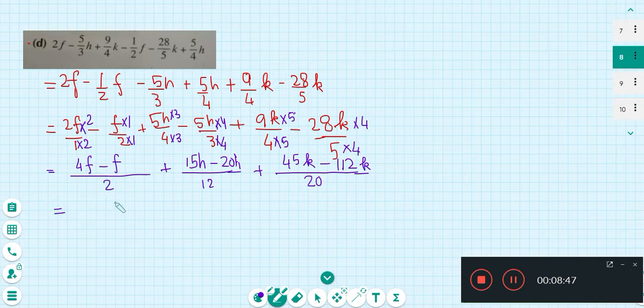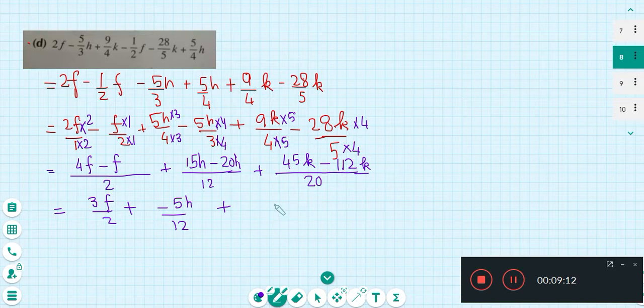Simplifying it, 4f minus f gives you 3f over 2, plus 15h minus 20h will become minus 5h over 12, plus negative 112k and positive 45k. Subtraction, so we get a negative answer obviously.